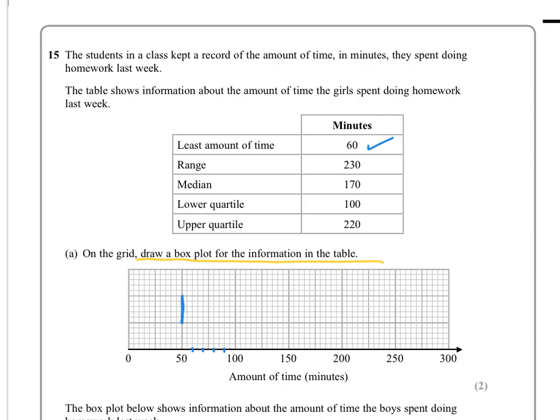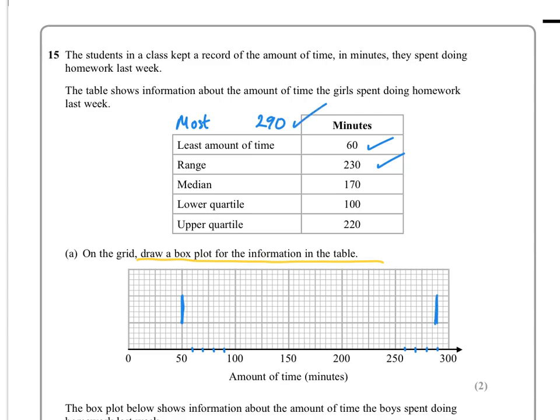That's done. We know the range is 230. So if the range is 230, does that not mean that the distance between the least and the greatest is 230? So surely the maximum point here, or the greatest amount of time, would be 230 add 60, which would be 290. So 50, 60, 70, 80, 90 here.